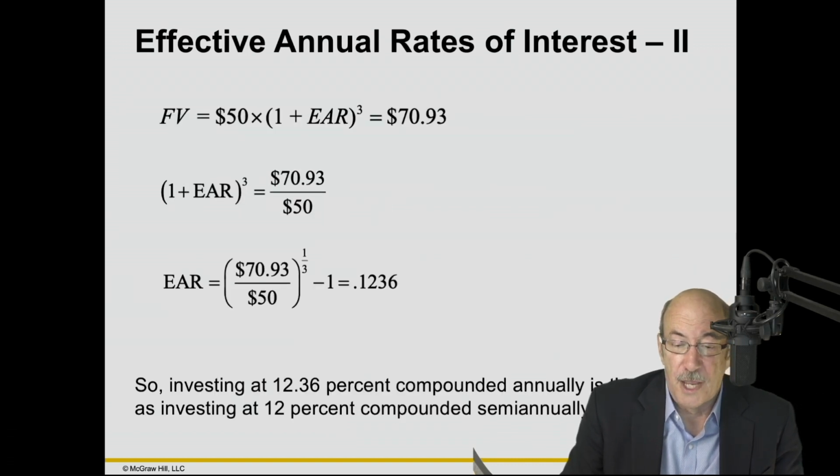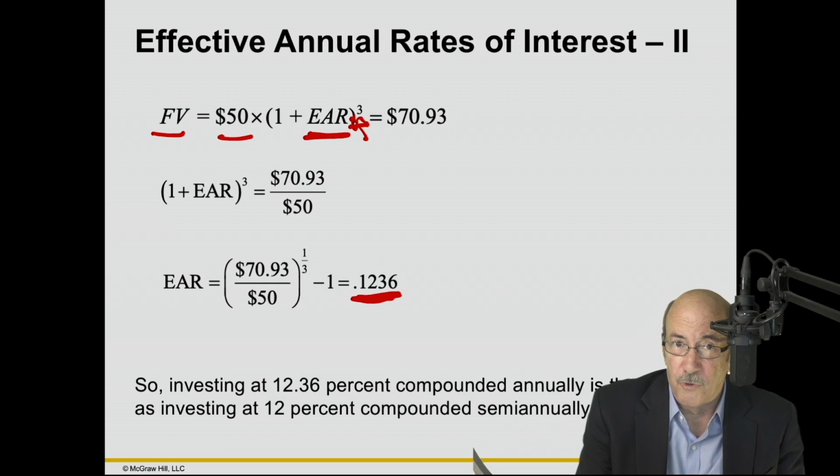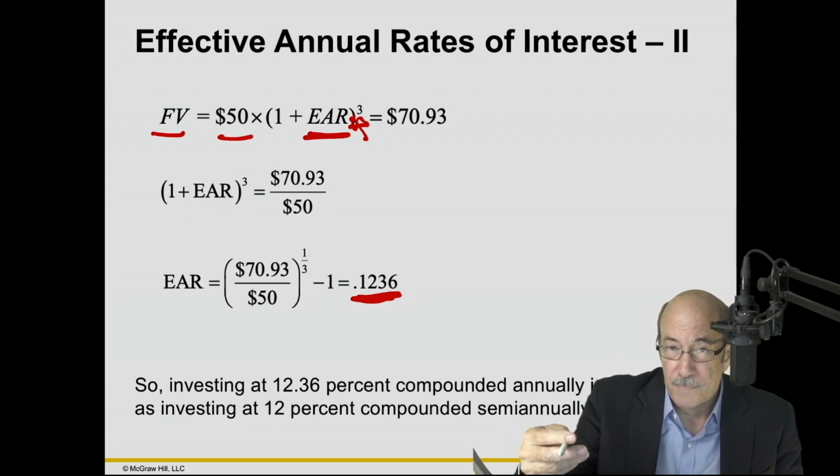When we do that math, we've got the future value, we've got the present value, and we're solving for this. We know this is the number of years now. And it says here that the effective annual rate, when we're compounding semi-annually, is over 12%.